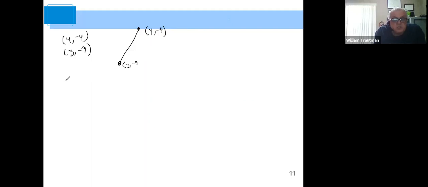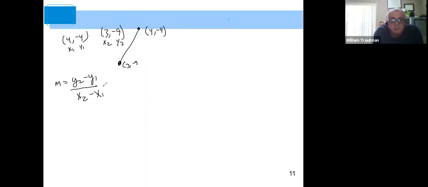And so first I'm going to find the slope. y2 minus y1 over x2 minus x1. And I'm going to put this (3, -9) here. And I'm going to call this the first point. This is x of the first point, y of the first point. x of the second point, y of the second point.